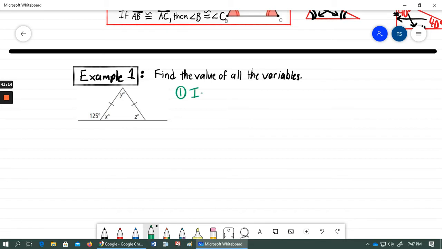All right, so here we got an isosceles triangle, and we know it's isosceles because we got two congruent sides. The only thing that we've been given here is that angle measurement of 125. Y'all see that?